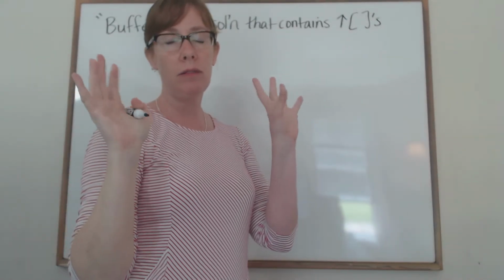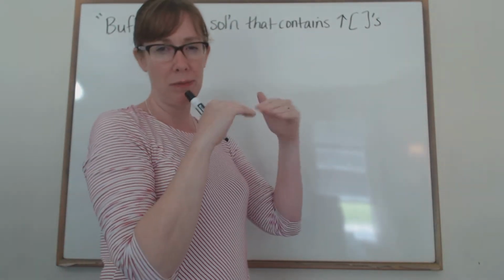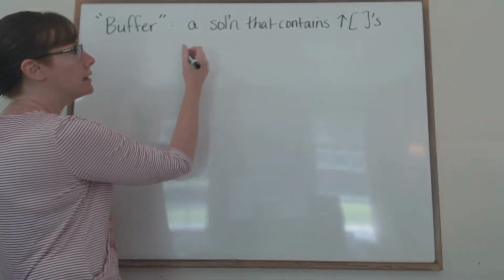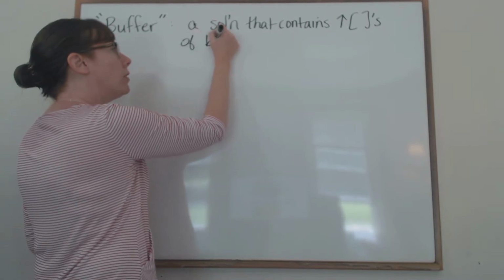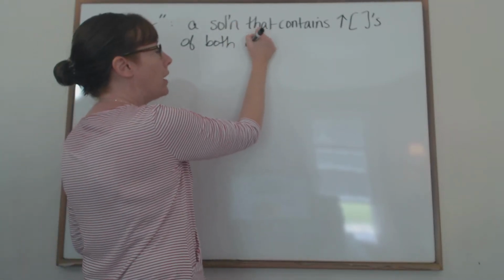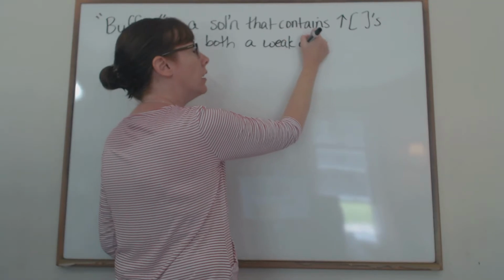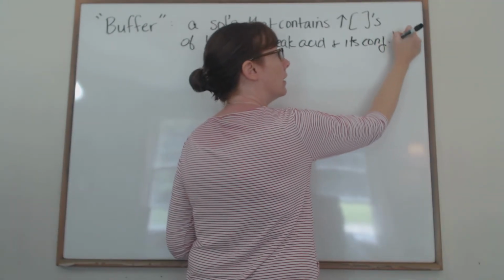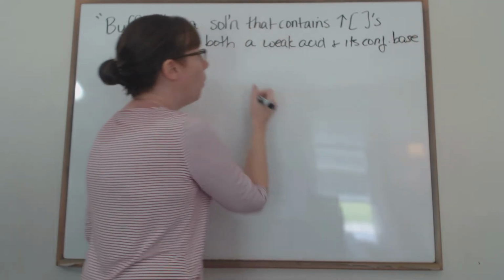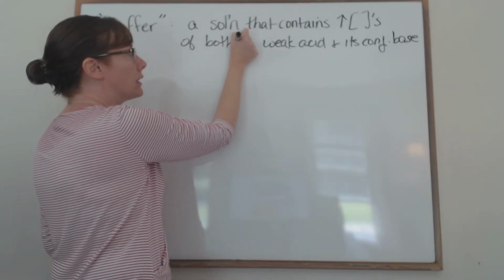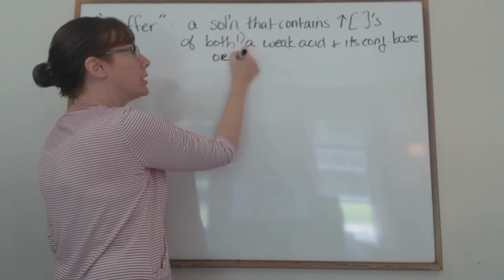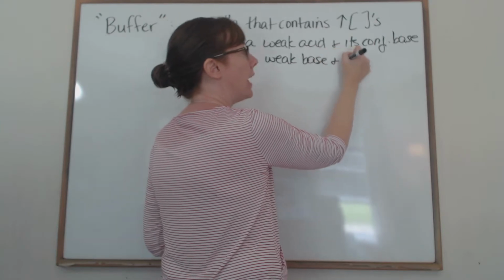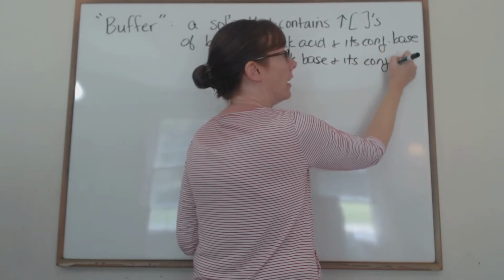High is a relative number, so don't worry so much about where the cutoff is, but just reasonable molarities, high concentrations of both a weak acid and its conjugate base, or, option number two, a weak base and its conjugate acid.